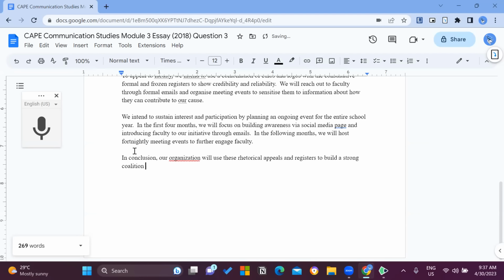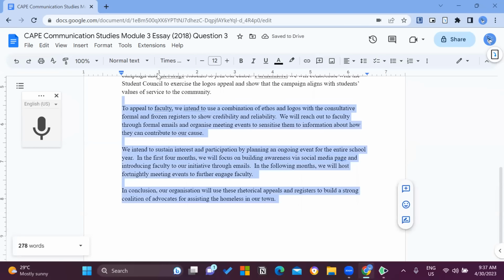I actually didn't get this sentence myself. I liked the coalition idea. Coalition of advocates for assisting the homeless in our town. And yeah, so I have this much.